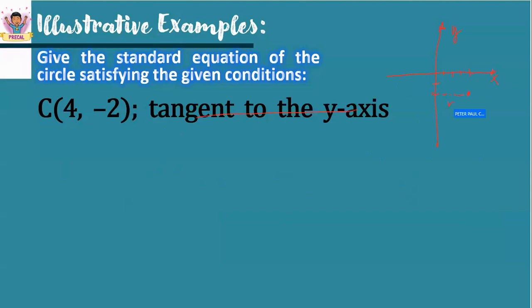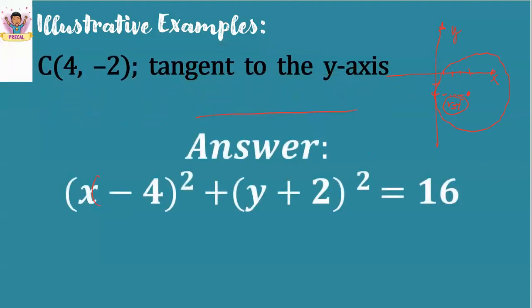So the distance is actually r equals 4. So when we create the circle, we imagine that this circle is tangent to the y-axis. So it's very important that we know the value of r. So if r is equal to 4, then we can rewrite the equation as: the quantity x minus 4 squared plus the quantity y plus 2 squared is equal to 16.